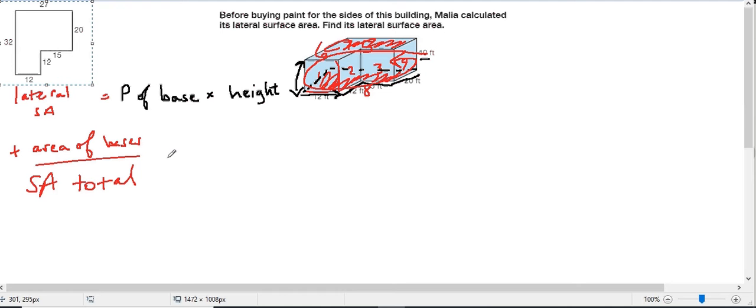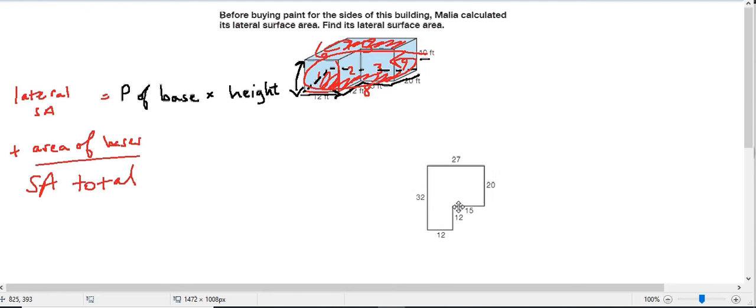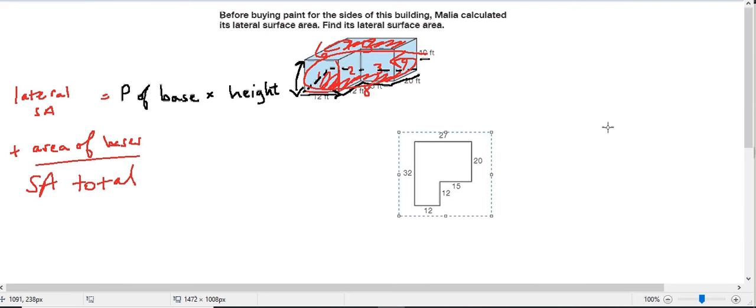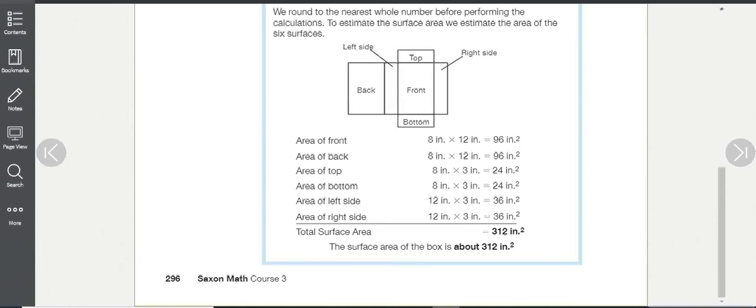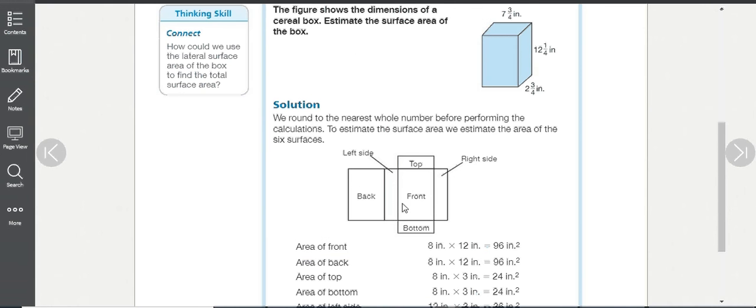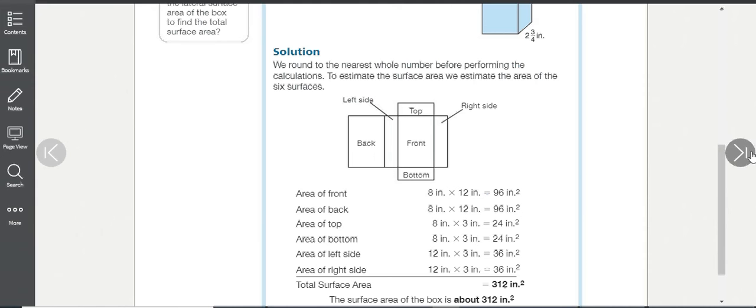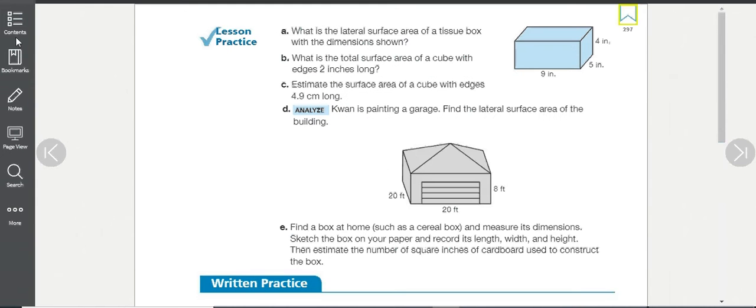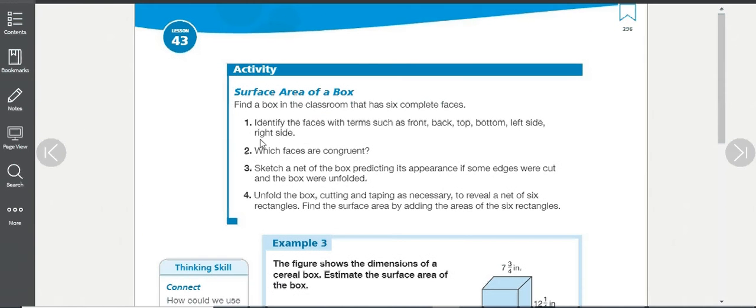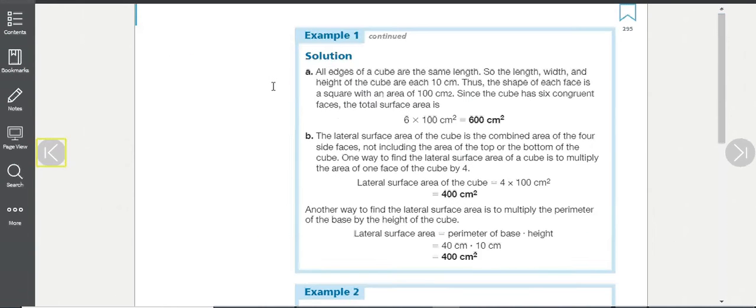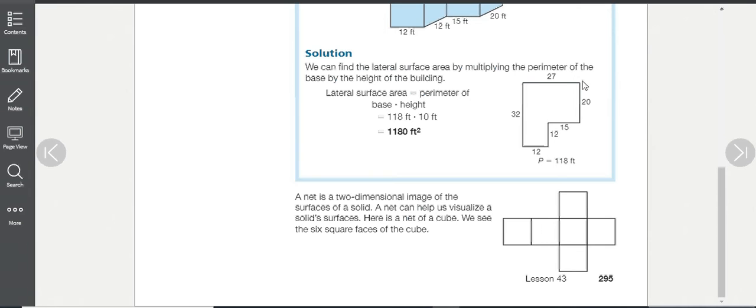So this is called a net. It flattens out. Or is this a net? I don't know if that's a net. This is the net, I think, where you show all the sides. Yeah, a net looks like this here at the bottom.